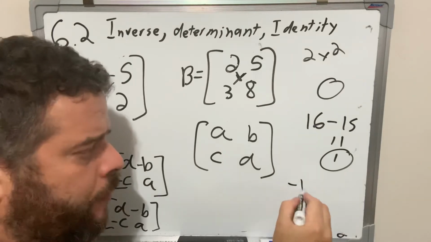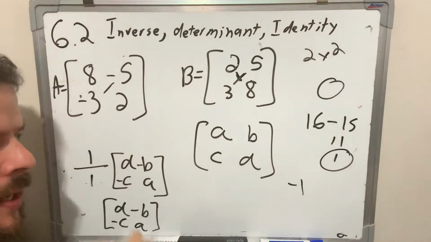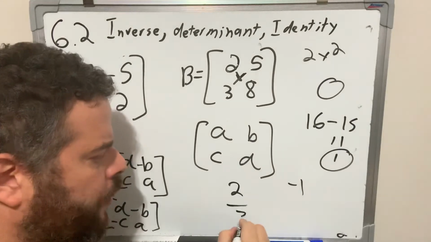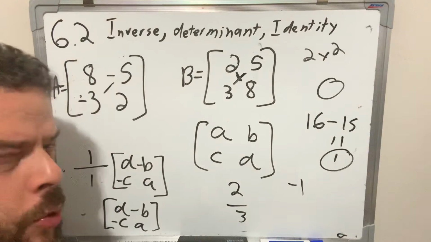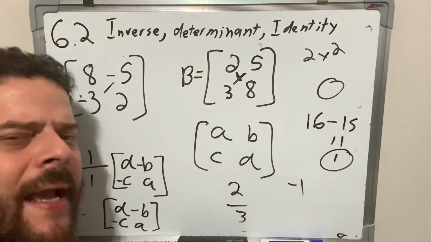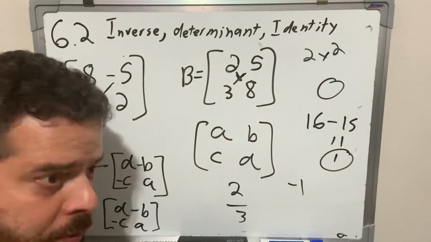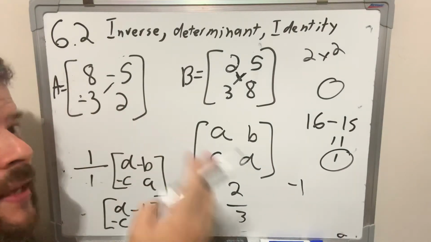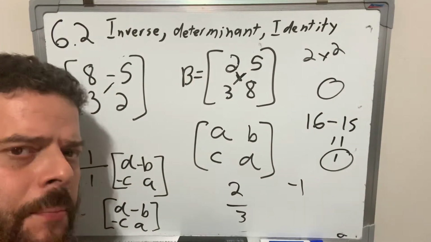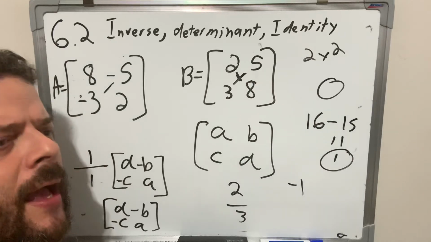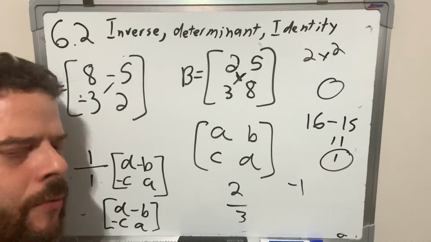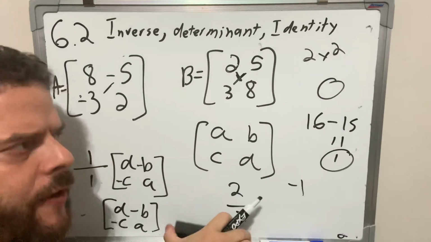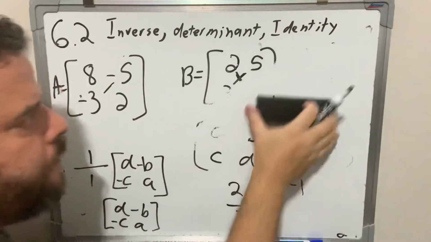It might be negative 1. Again, you distribute negative 1. And usually you're going to end up with small numbers, maybe 2 or 3. These numbers will usually be whole numbers, but you might end up with fractional numbers. But that's fine. If you multiply 1/2 times 8, you'll end up with 4. So these numbers are usually very simple and you get nice fractions, not 3 over 17. So don't worry about it.